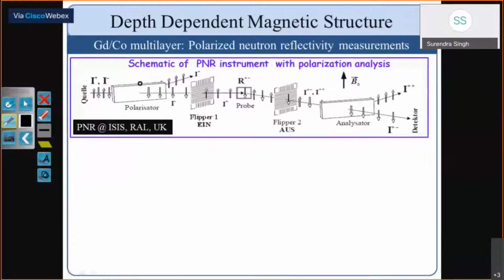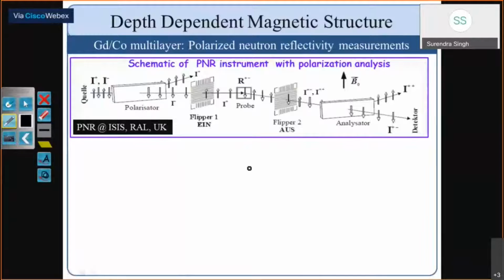When we need polarization analysis, we need a polarizer, then a flipper, then the sample. Since we want both spin states, R plus plus and R minus minus, we need a flipper here as well as here, because we want to analyze the reflected neutrons, and then an analyzer over there.